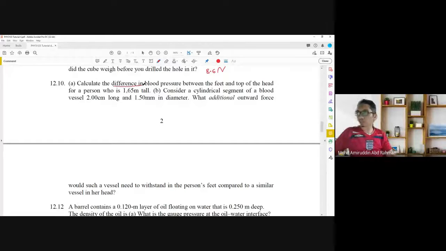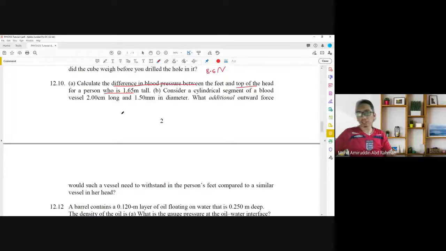Calculate the difference in blood pressure between feet and the top of the head for a person who is 1.6 meter tall. So the blood pressure difference will be 1.71 times 10 to the power 4 Pascal.